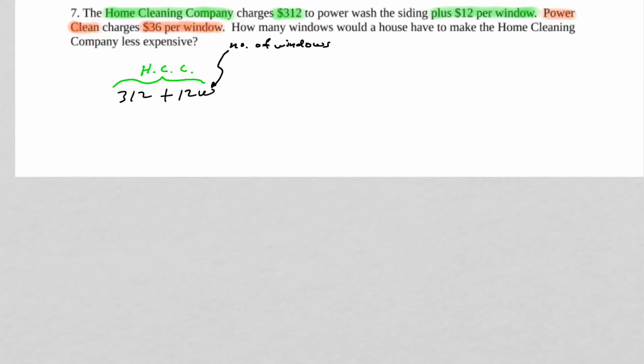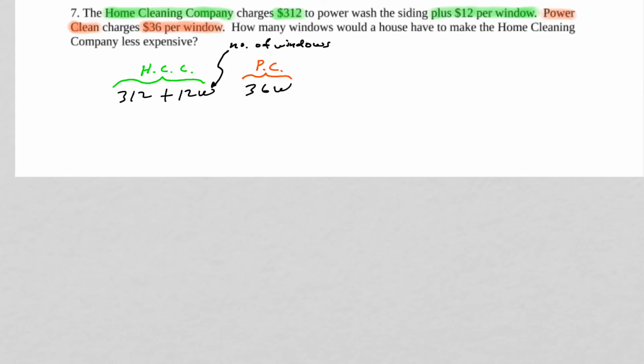On the right side of my inequality, I'm going to write the expression for Power Clean. Well, they just charge 36 per window, so that's 36 times W. I've labeled the right-hand side for the cost for Power Clean. Again, $36 for each window.